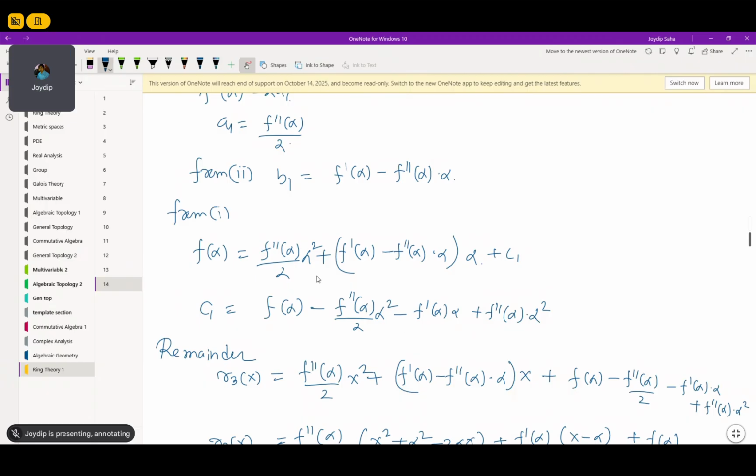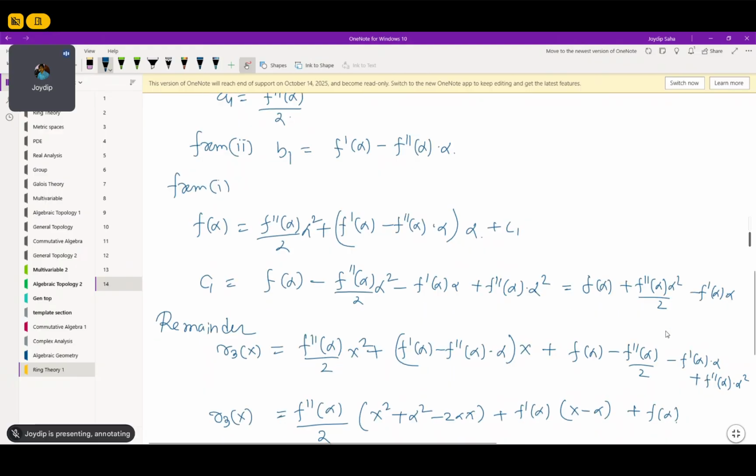So this is equal to f alpha, this minus and this is plus f double dash alpha square by 2 minus f dash alpha dot alpha.